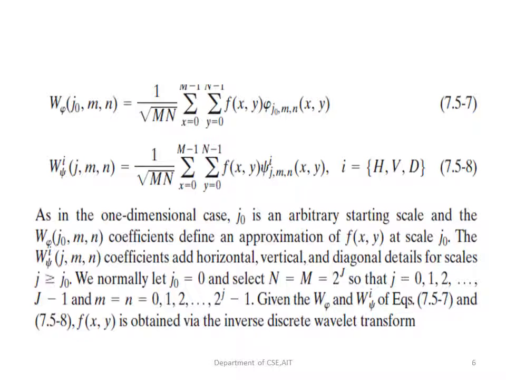The discrete wavelet transform of the image f of x, y, which is of size M by N, can be given by the equations W phi and W psi. W phi depends upon f of x, y and phi of j naught, m, n, and W psi also depends upon the function f of x, y and psi of j, m, n.